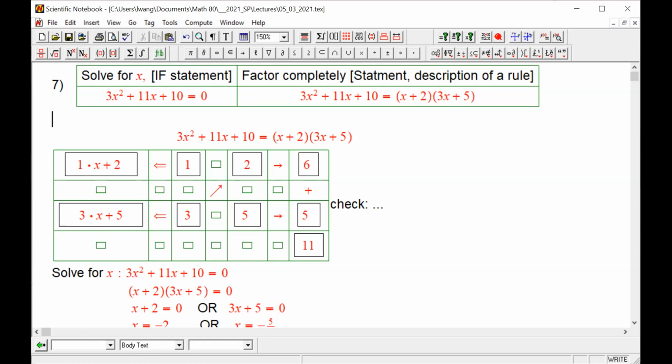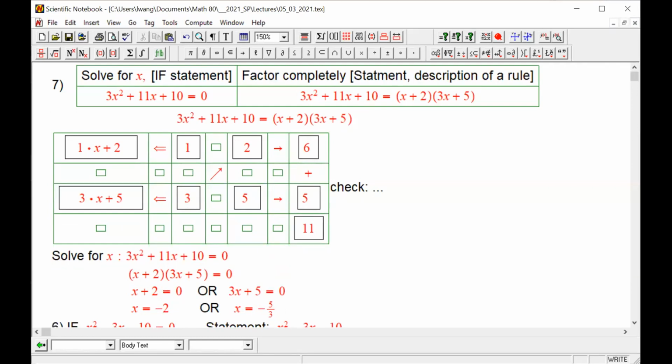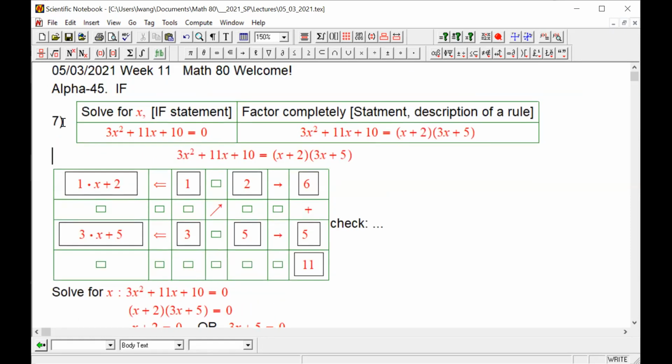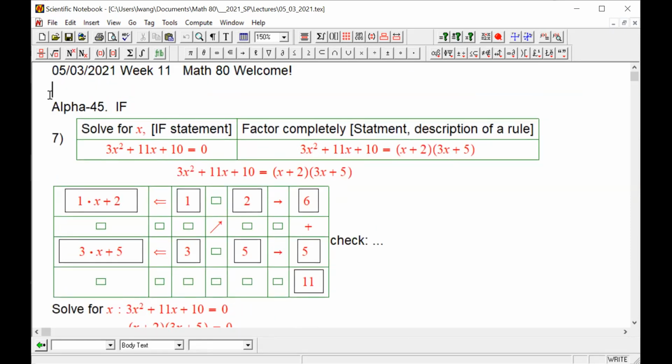And so that's alpha 45. And next, I want to get to alpha 46. When we look at these questions on alpha 46, you will probably realize factoring is not that straightforward.